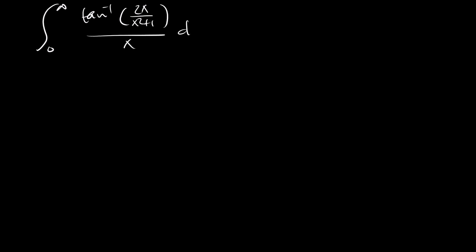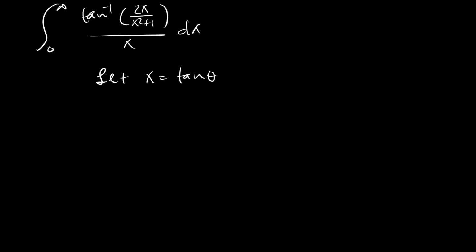We have the definite integral from x equals 0 to infinity of the arctangent of 2x over x squared plus 1, over x. The first thing I personally would like to do is to say let x be equal to tangent of theta.